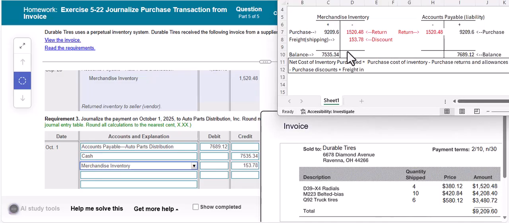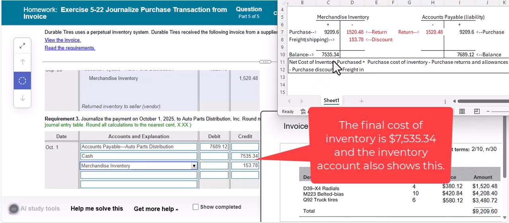And then to show you what that looks like on our T accounts, anytime we pay early, we get a discount. It lowers the cost of inventory because how much did this inventory really cost us? It cost us $7,535.34. Then watch what happens if I get rid of that discount here.